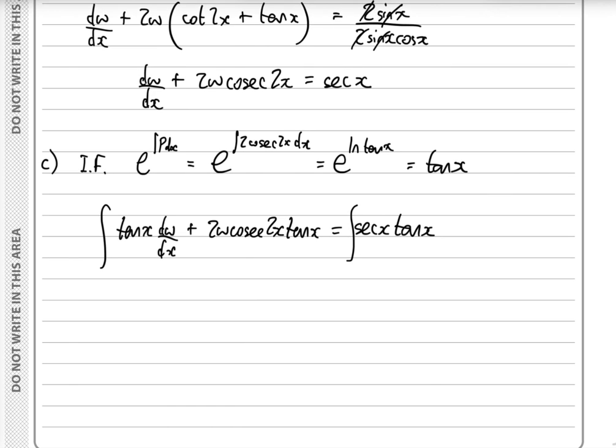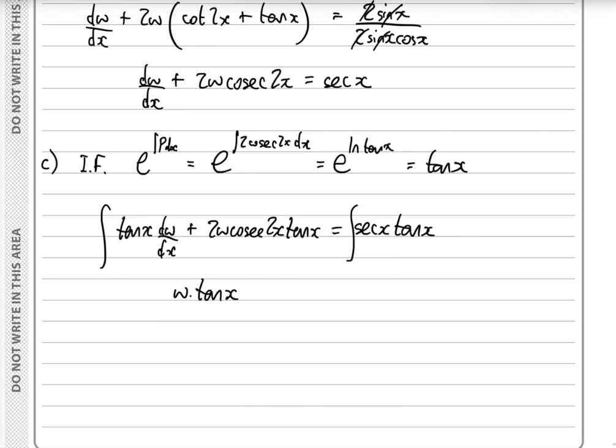Whole point of that is that when we integrate, this is w times tan x, and that might immediately look strange, because if we differentiate w, we get dw by dx, that's fine. But when you differentiate tan, normally we jump straight to secant squared. But if you do a little bit of manipulation, you'll discover that that is the same. It can be manipulated to show the same as 2 cosec 2x tan x.